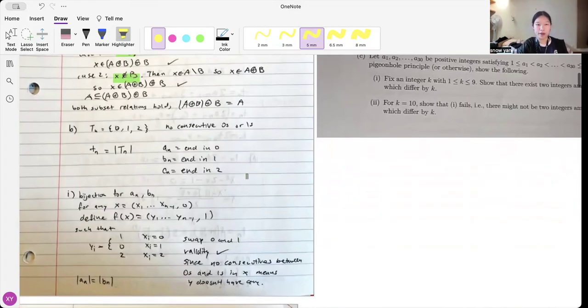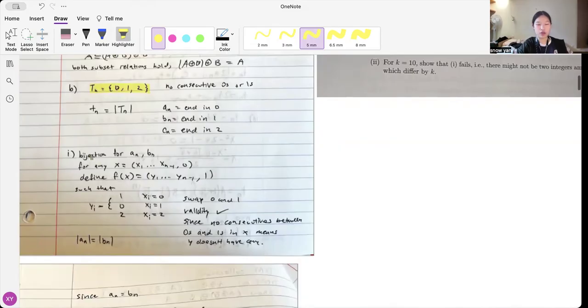Okay, so for part B, what I know is that Tn has to pick either from 0, 1, or 2 and construct that sequence, right? And then there can be no consecutive zeros or ones. That's what the condition was telling about. So how I establish my bijection is that for any sequence I have for A, it would be x1 to xn minus 1, and then the ending would be 0.